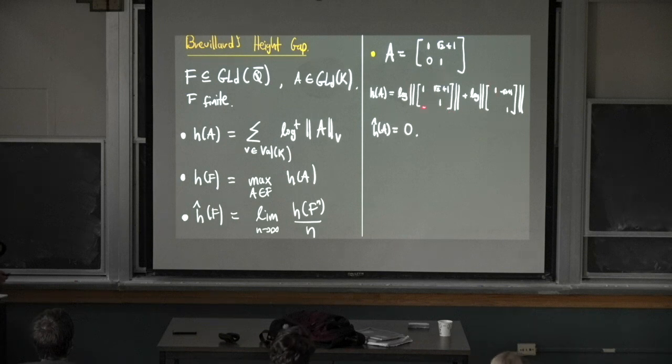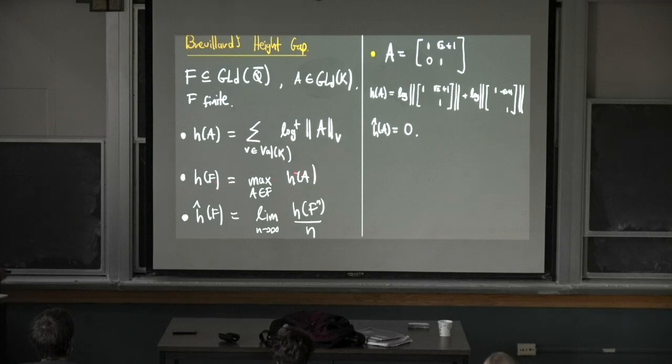So this is just the conjugate of this, minus square root of 2 plus 1, and you sum these logs. And so that's the height of a matrix. And then the height of a set of matrices is just the maximum of the heights.